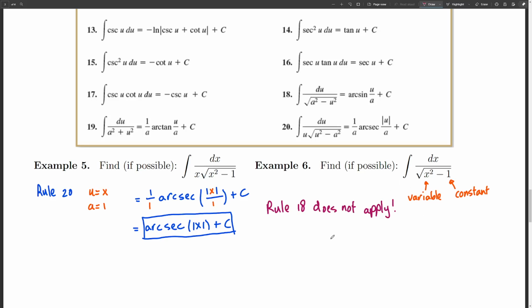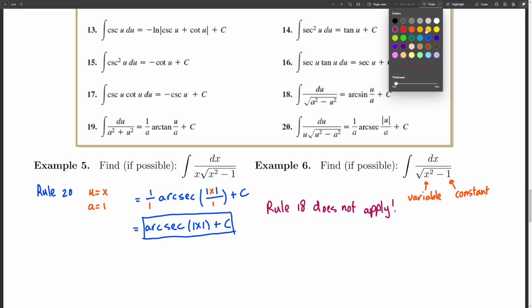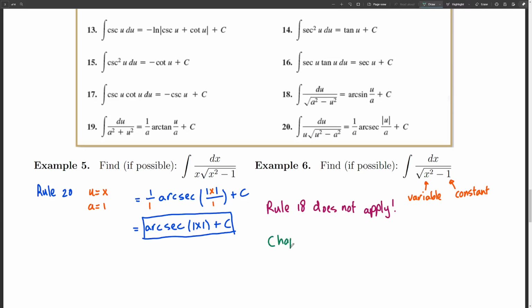Now, later on in chapter 8, we will be able to show that this integral is ln of square root of x squared minus 1 and then plus x plus c.